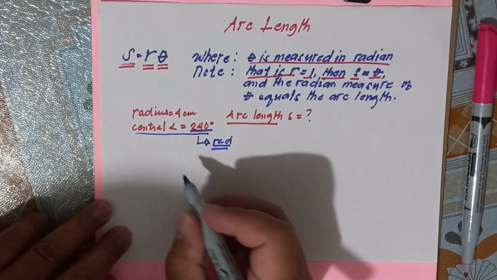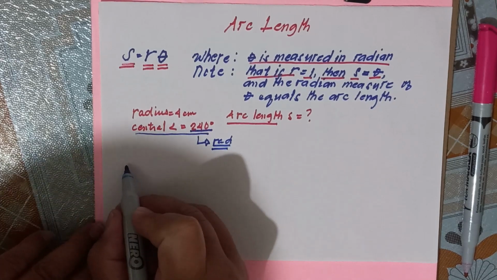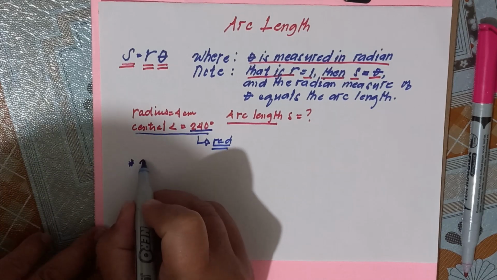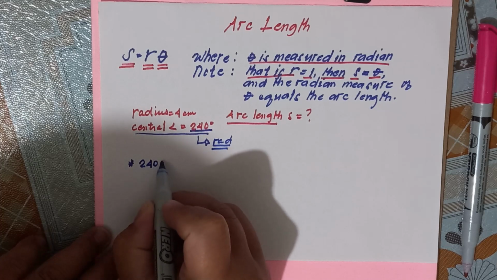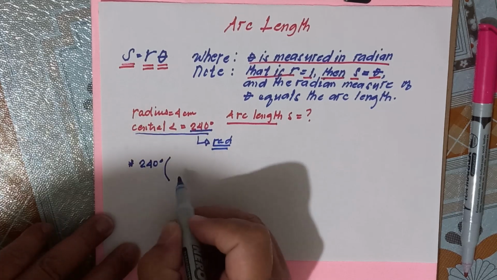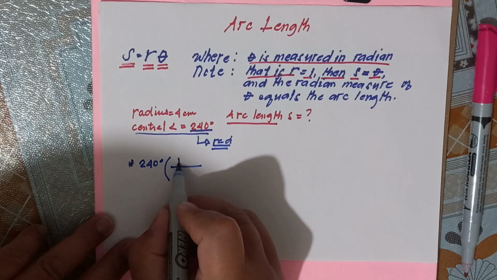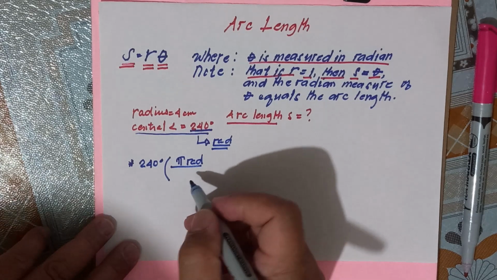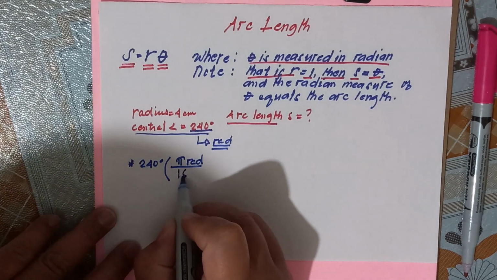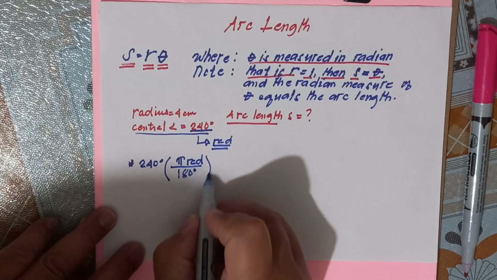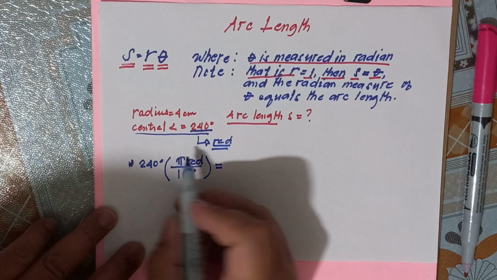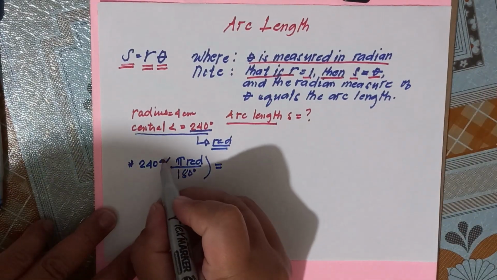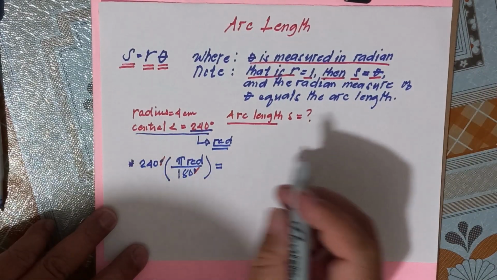So let's convert. Step number 1: 240 degrees is to be multiplied by pi rad over 180 degrees. You notice that the degrees will cancel out.